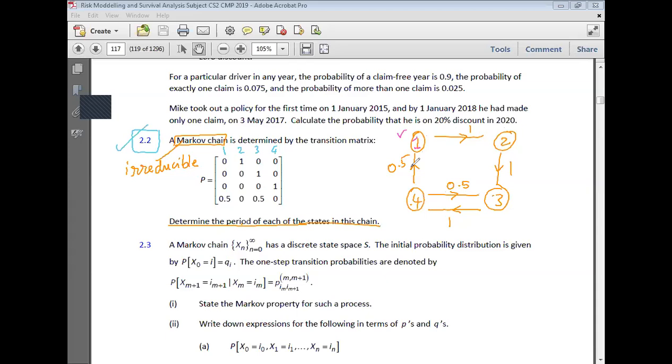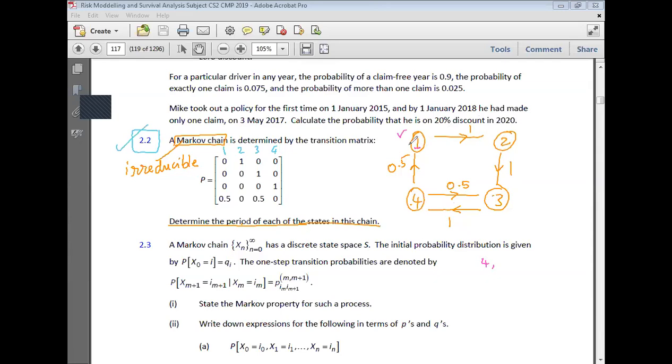So 1 to 2, to 3, then 4, then back to 1. How many time steps did we cover? This was 1 step, 2 step, 3 step, and then 4 step, right? So I'll write 4. Is there any other possible path that I can take to reach 1?